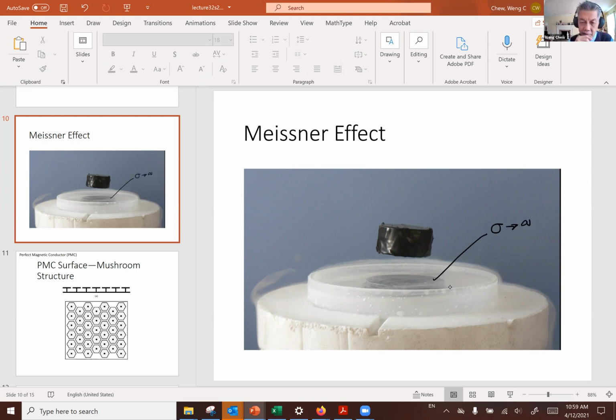This bar magnet is such that the North Pole is up there and the South Pole is down here, say. Okay, this is a bar magnet.